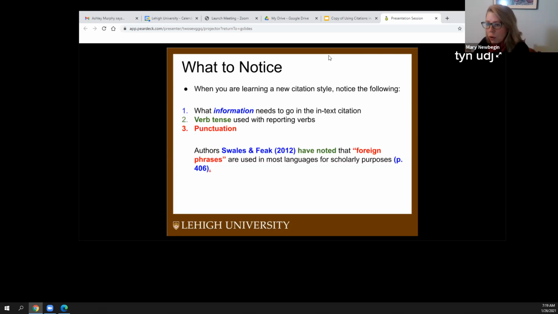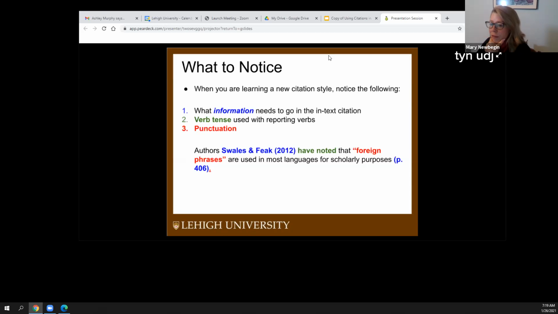So I'll read the whole thing now so you can see how it's all put together. Authors Swales and Feak, 2012, have noted that foreign phrases are used in most languages for scholarly purposes, and then P for page number, 406. In APA, if the page number is available, you should use it.